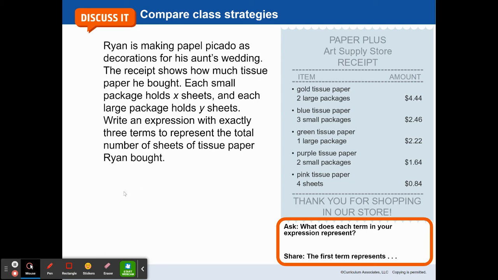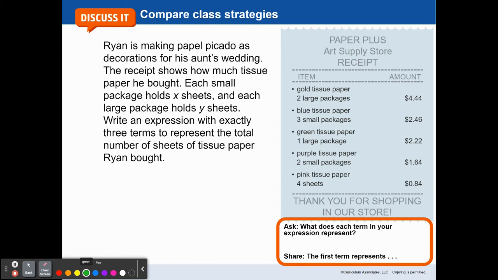So, in this particular instance, I would just manipulate the receipt. I would look over and I would say, okay, gold tissue paper, he bought 2 large packages. And it says that the large packages hold an unknown amount of sheets. And we want to know how many sheets all together.